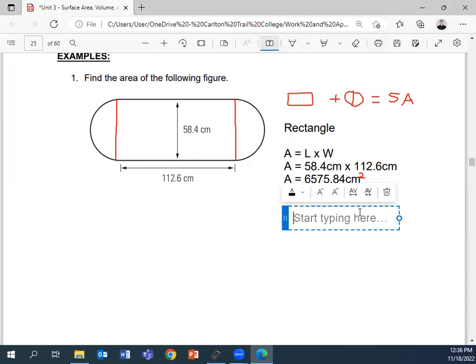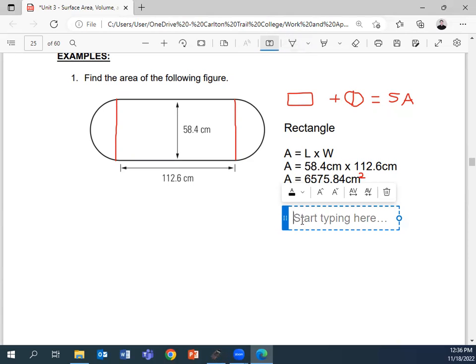Now I just need my semicircles. There's two ways of doing this. I could find the area of each semicircle, which means, how would I find the area of a semicircle? Let's imagine there was only one of them. Well, a semicircle is how big of a circle? Half. So couldn't I just find half of a circle? In this case, I have two of them, so we don't need to worry about that.